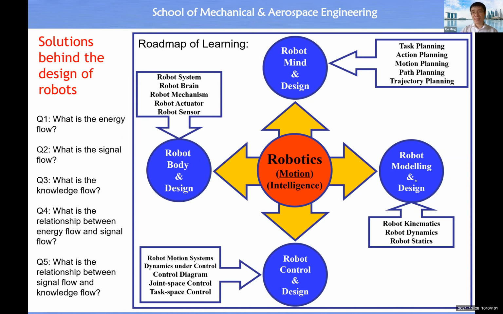Module 3 will enable you to design and develop the digital twin or simulator of your physical robot. And module 4 will enable you to design robot's control system. Right? So now I hope that you will have a clearer picture about this roadmap of learning.